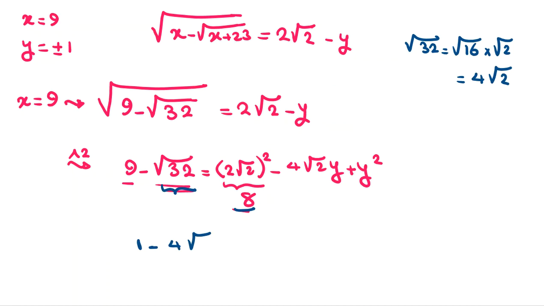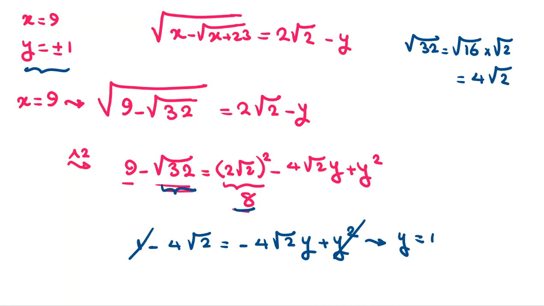So minus 4 root 2 equal to negative 4 root 2 y plus y squared. If y is negative 1, this part is okay. Y squared in both of cases is 1, so you can cancel. So from this, you conclude y should be 1.